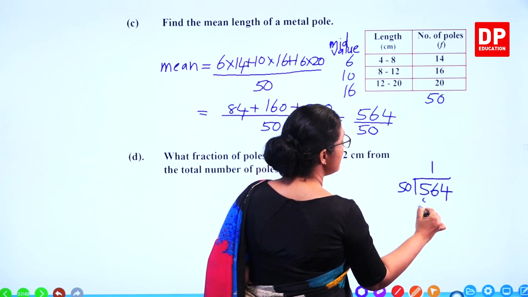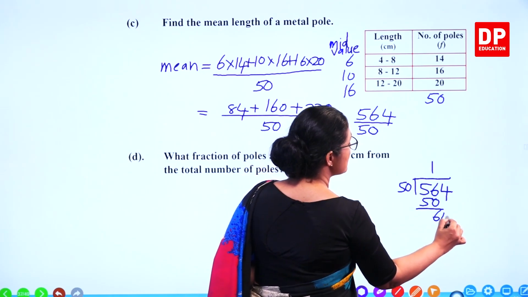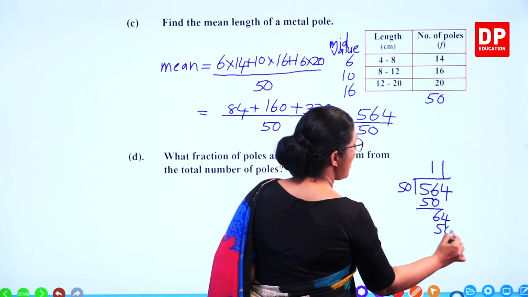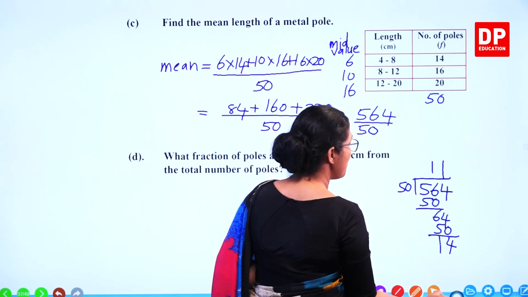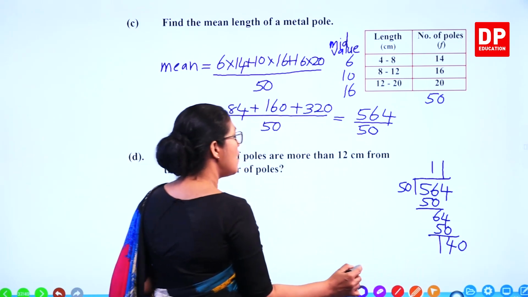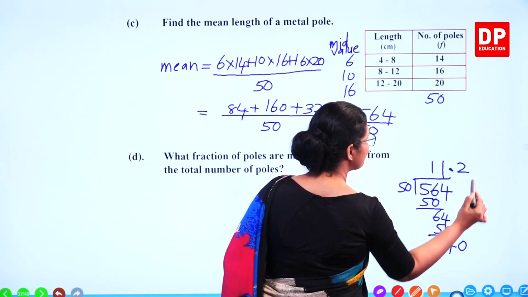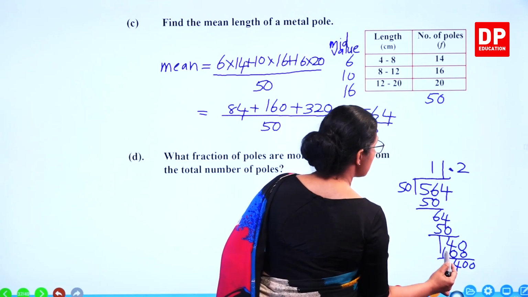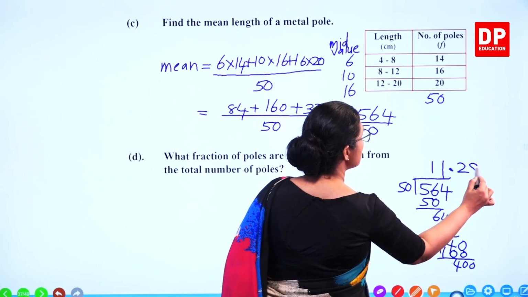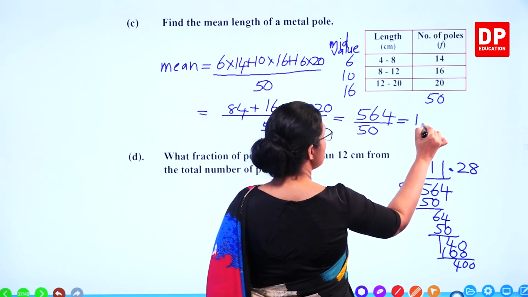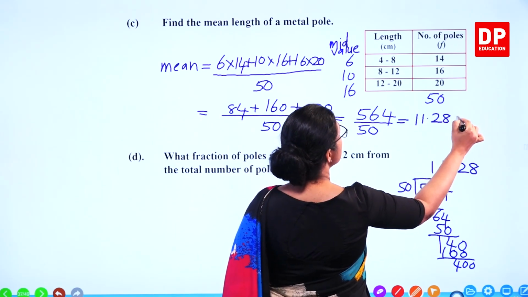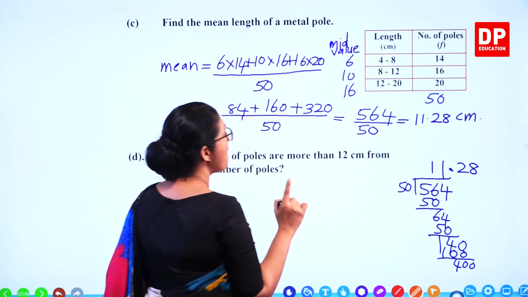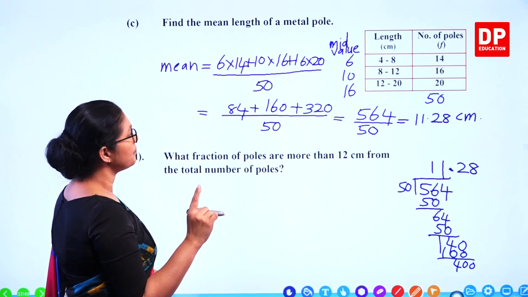You get 1. 6 remaining. For 64, another 1. And 14 remaining. For 140, 50 times 2. 100 for 400. That's 50 times 8. So 11.28. This in centimeters is the mean length.